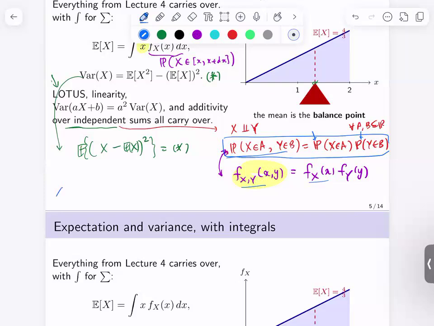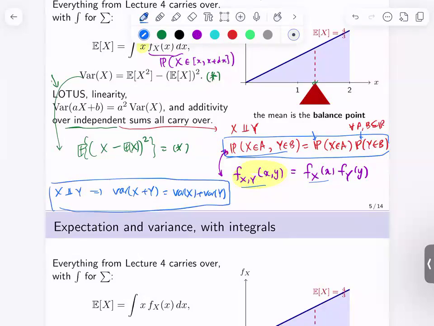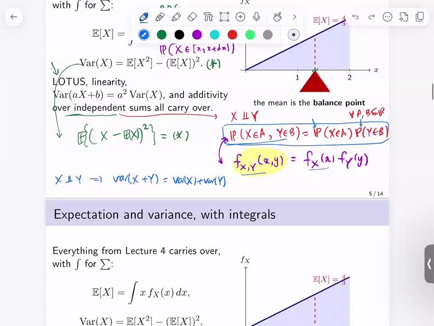Okay, but let's say if X is independent of Y, we have the variance of X plus Y is the variance of X plus the variance of Y. This is true in general. It doesn't matter if the random variables are discrete or continuous. And the reason is what we argued last time in the discrete case, but it generalizes to the continuous case. Okay. Questions?